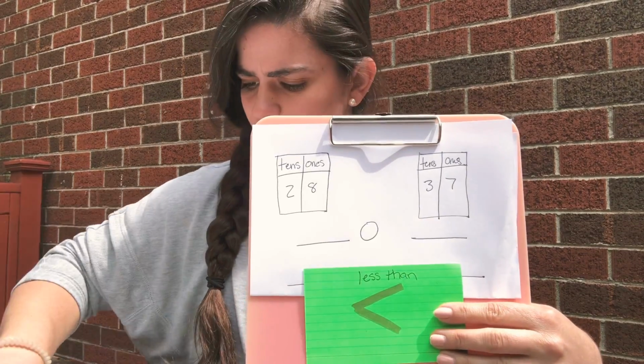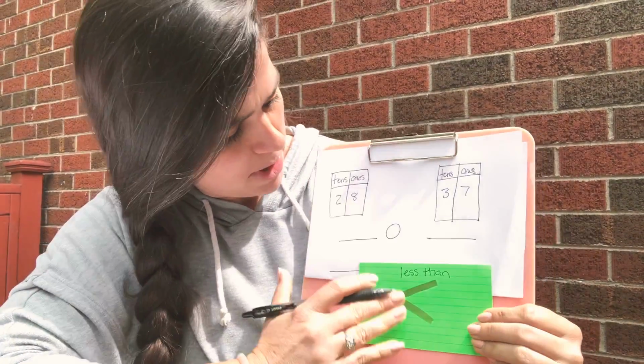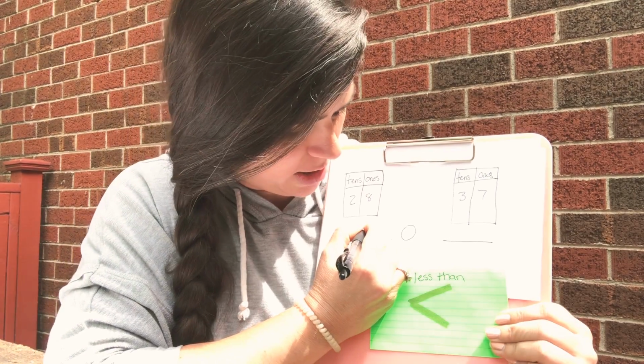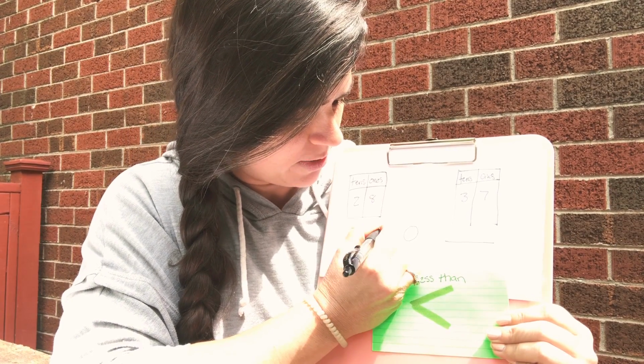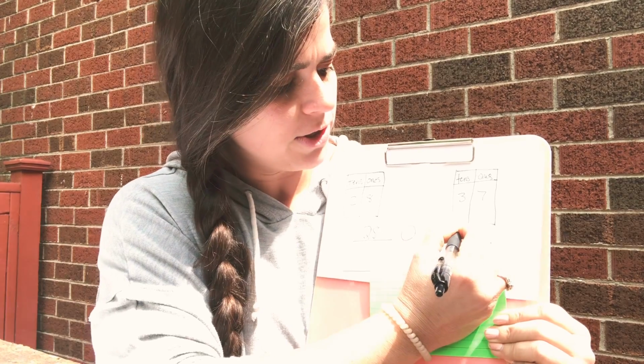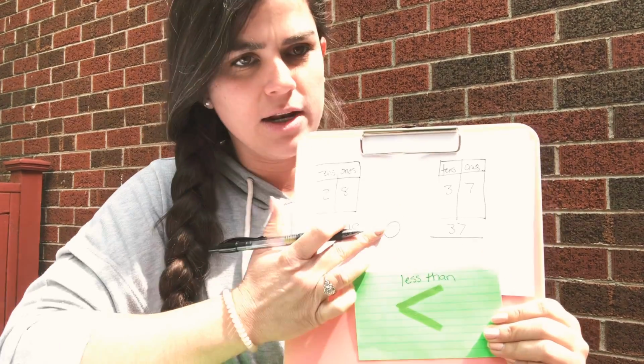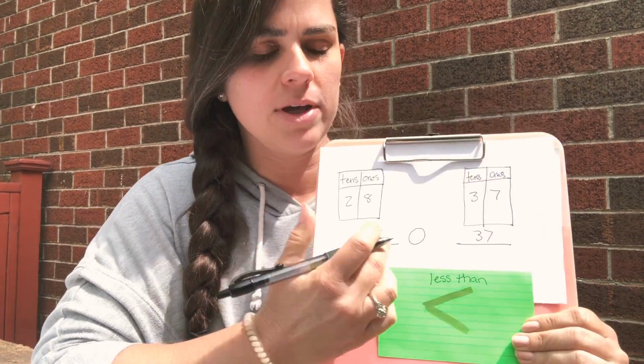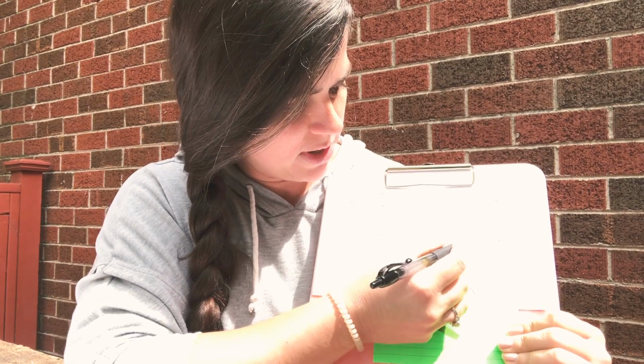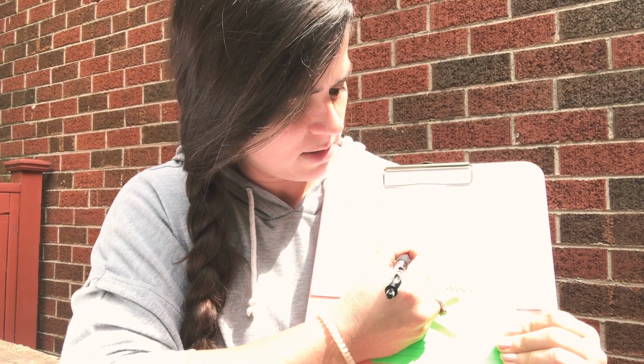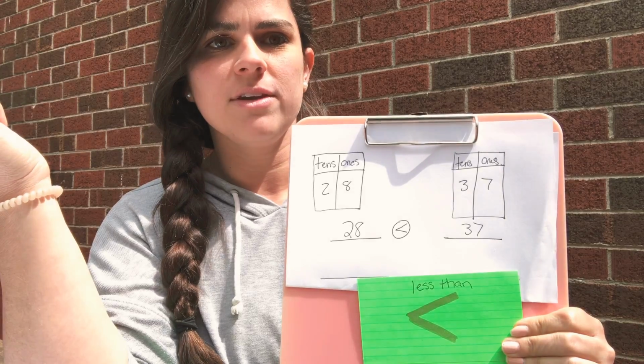So we're going to write the numbers without the place value chart on our line. So I'm going to write 28 and 37. And then I'm going to write my symbol in here. So the mouth is going to be open to the bigger number 37.